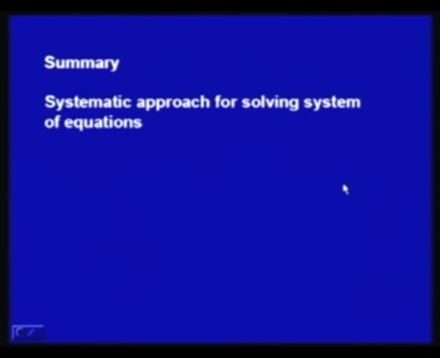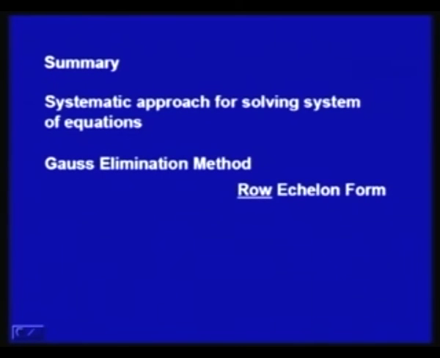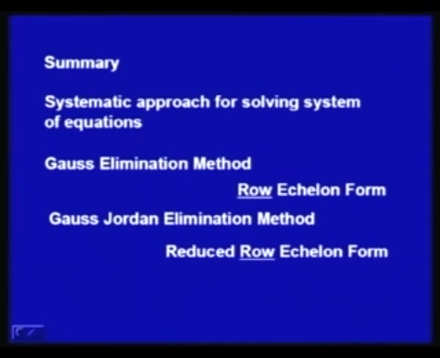So today, viewers, we have seen how to solve a system of equations. We have obtained a systematic approach for solving systems of equations, and we have obtained two methods. One is the Gauss elimination method, in which we transform our augmented matrix into a row echelon form, and the other is the Gauss-Jordan elimination method, in which we reduce the augmented matrix into reduced row echelon form.